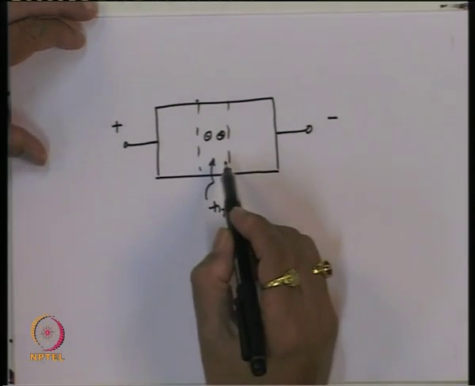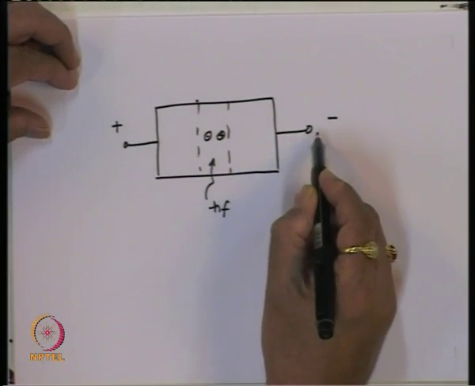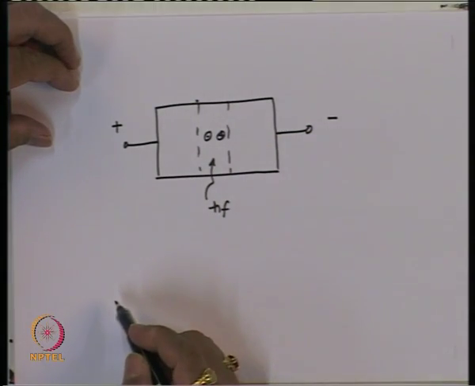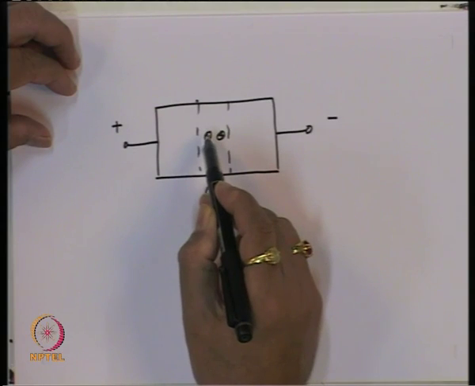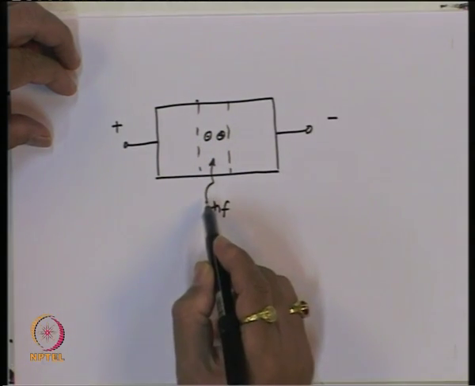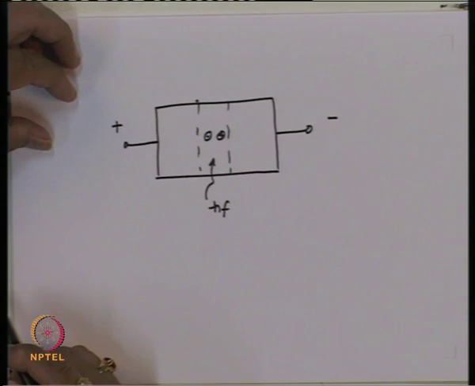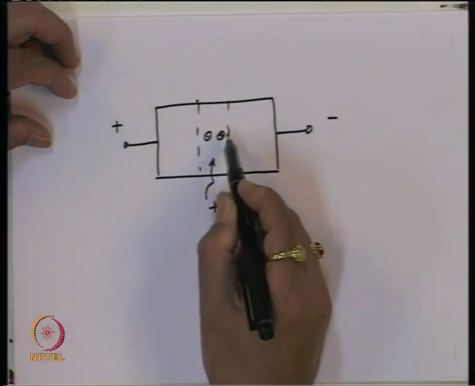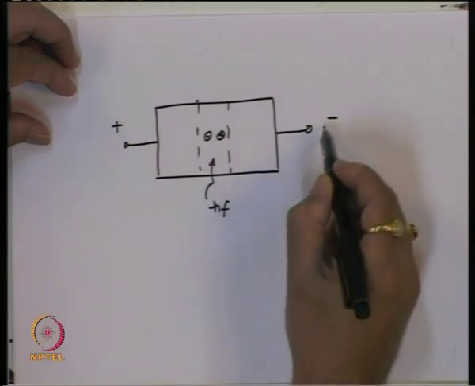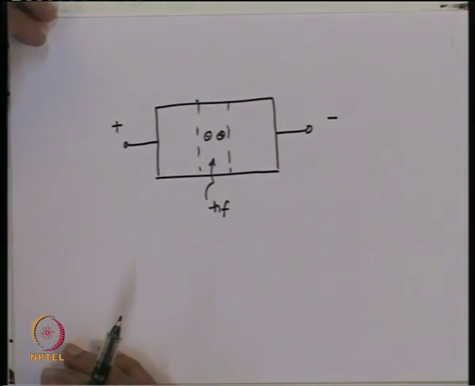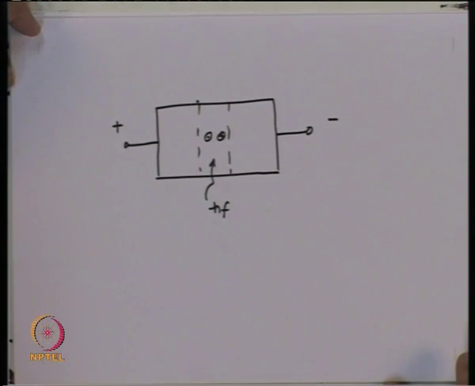So, the first thing to note here is that the current which flows in this external circuitry should be only due to the electron hole pair generated because of the incident photon. If there is no generation of this electron hole pair, then there should not be any current flow in the external circuitry.